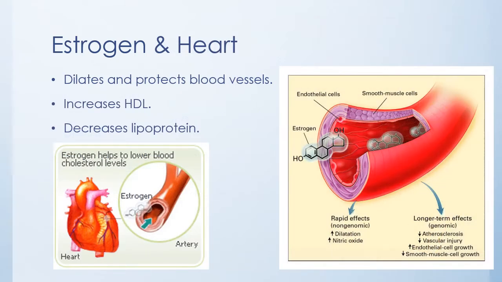Just like testosterone, estrogen is also related to the heart. It was reported that estrogen can dilate and protect blood vessels by increasing HDL, which is the good one, and it decreases lipoprotein. But again, I think it is multifactorial, and it probably has some effect, but it also depends on other factors.